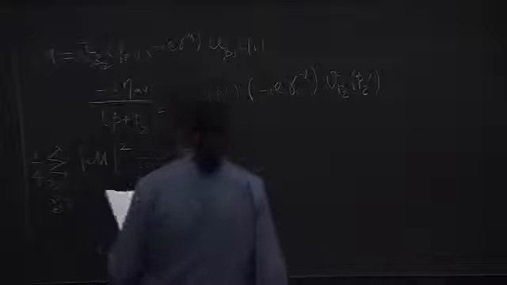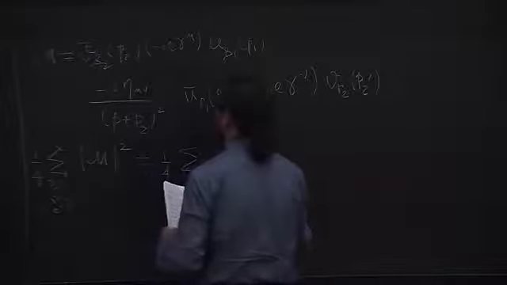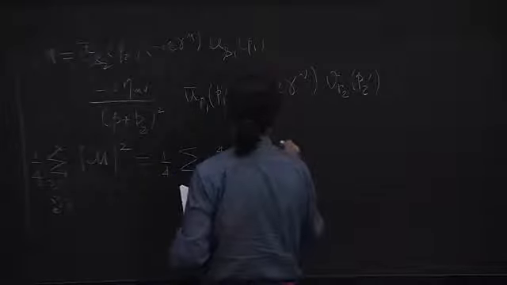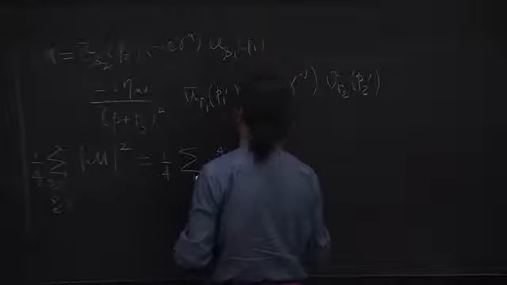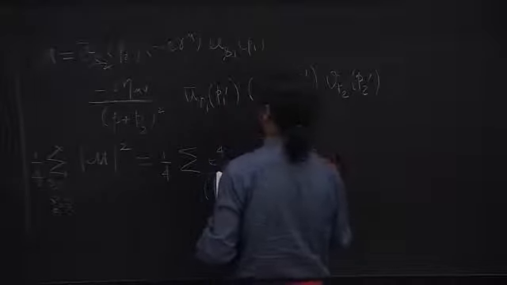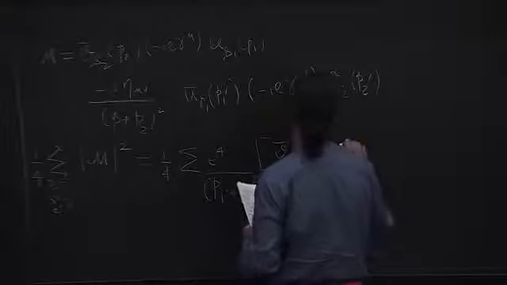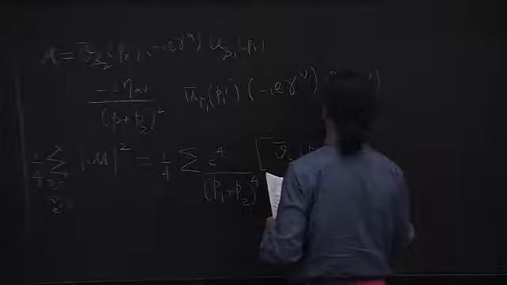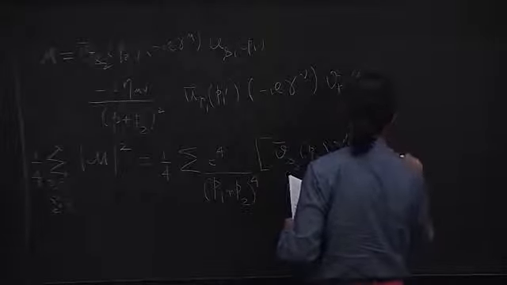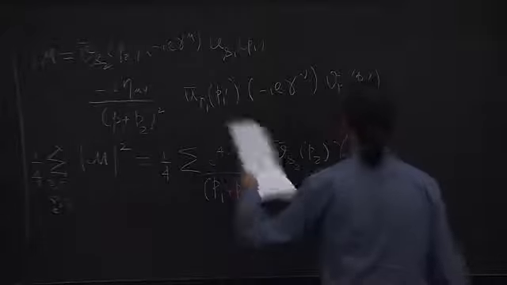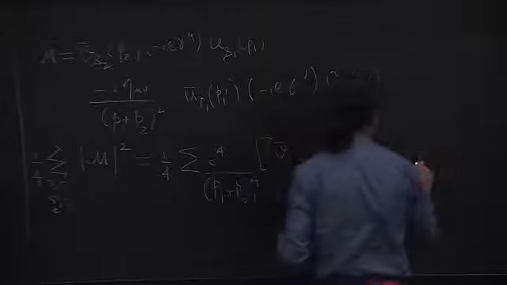If I do that, first let me write the whole thing. We have V bar S2 P2, a factor of gamma mu, U S1 P1. This is a scalar quantity.